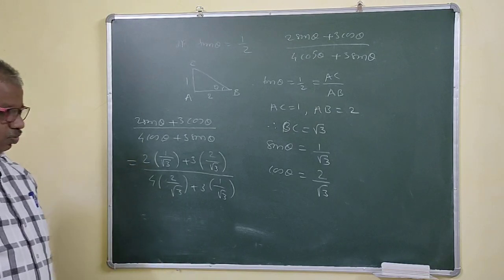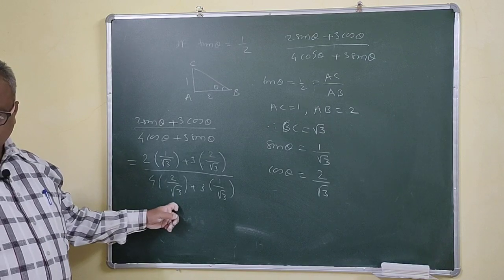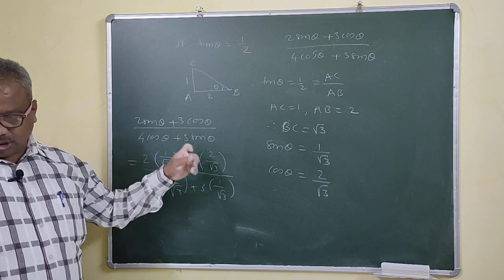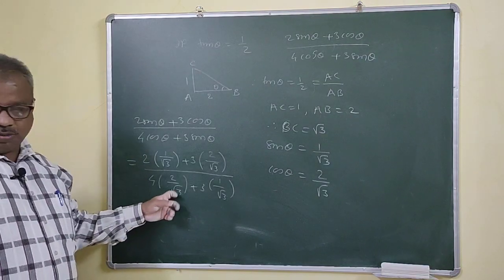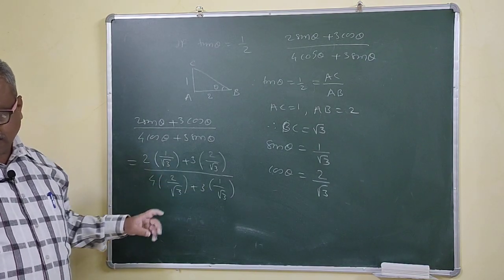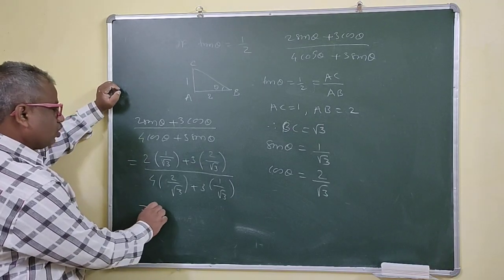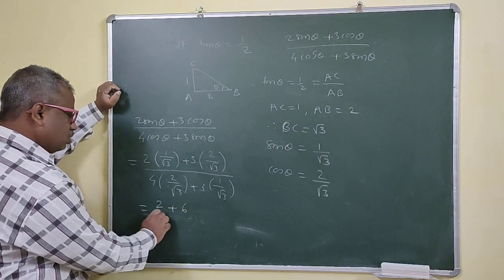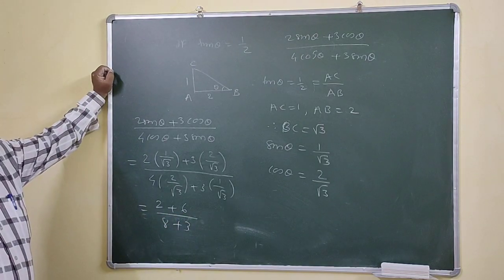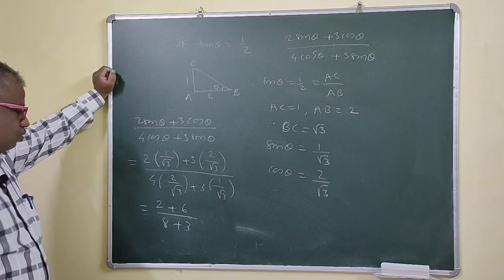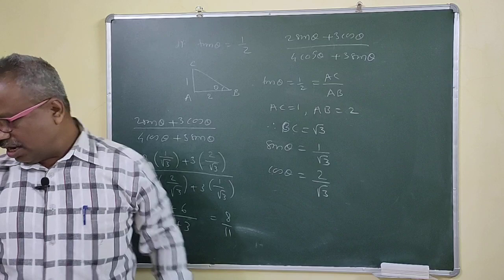Don't take the tension of root 3, because root 3 is the denominator of each term of the numerator and denominator, so you can cancel that. Your root 3 is cancelled. So this is 2 plus 6 upon 8 plus 3. Very simple now. So this is 8 by 11. Your answer is 8 by 11.